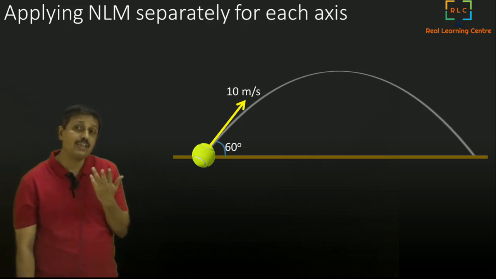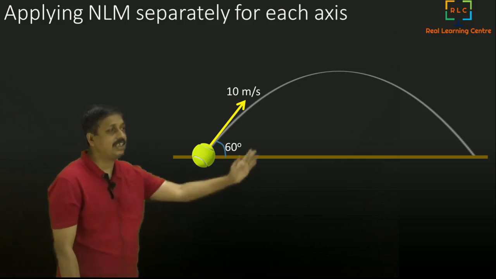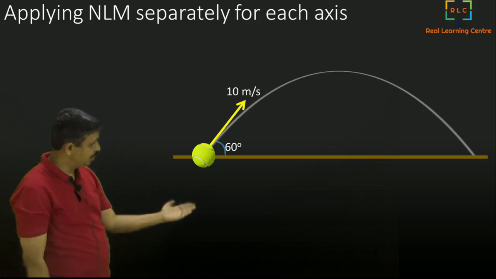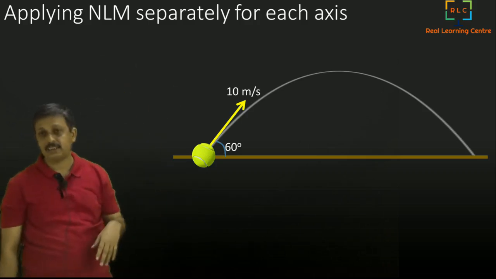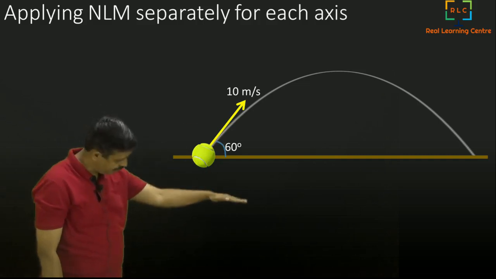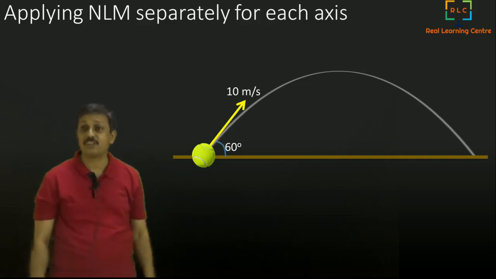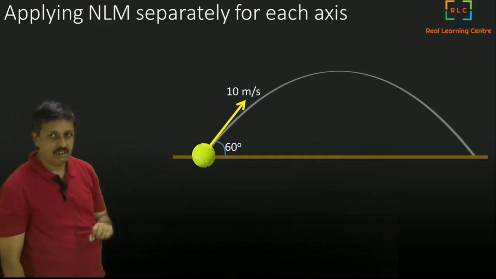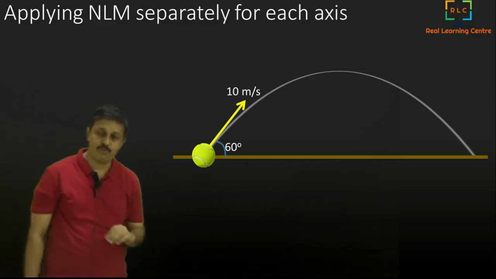But first of all, I need to know the velocity with which it started its motion on the horizontal axis, and the velocity with which it started its motion on the vertical axis. So instead of this angled velocity, I need a horizontal velocity and a vertical velocity. How do I get that? I use a trick. If you know vectors, it is somewhat easier.